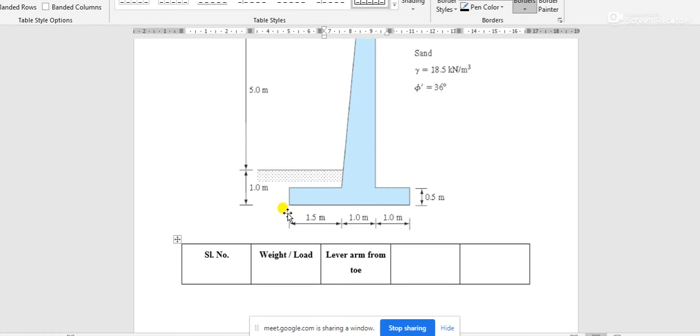That means this point, if the point is O, then you have to calculate all the distances from the CG of the different parts from this point.